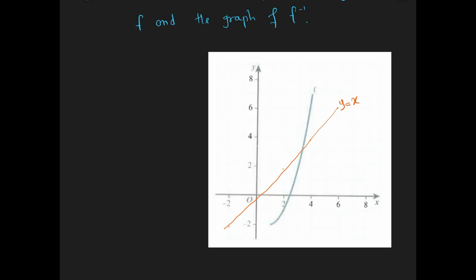Now draw the image of this function f in this mirror line. So we will get a point somewhere here to start with, and then reflect the curve f in the mirror line y is equal to x to get the graph. So it will be something like that. So this is f inverse of x.